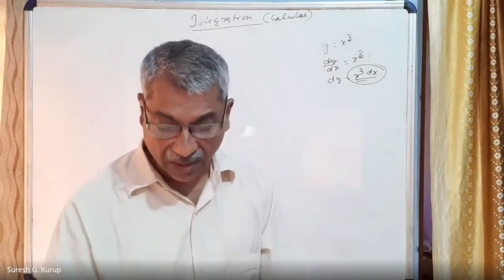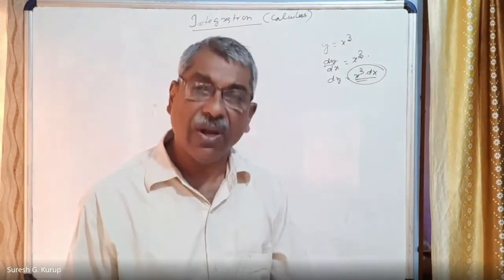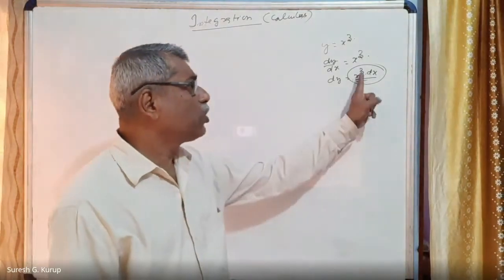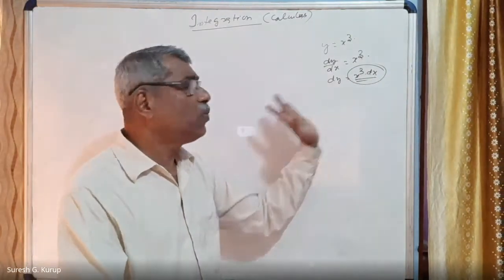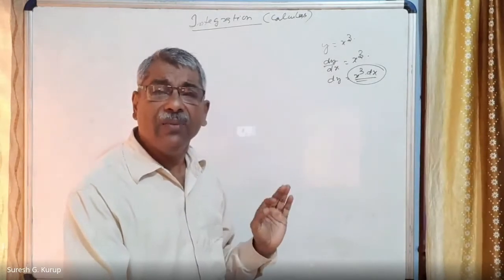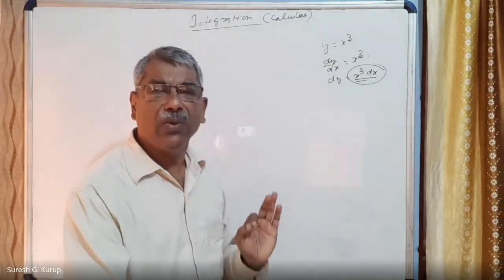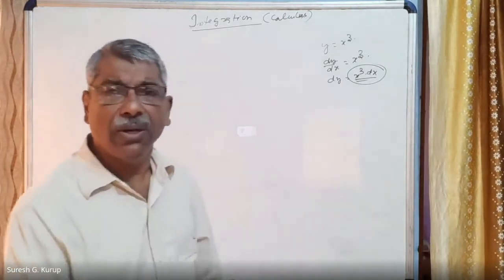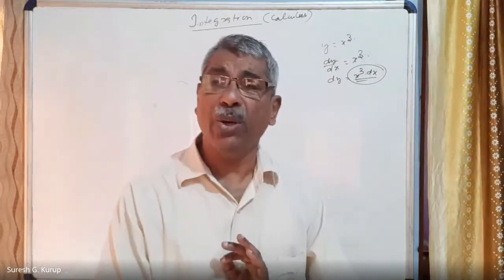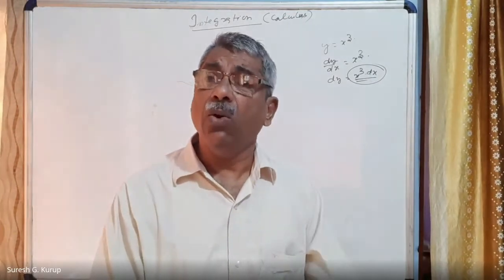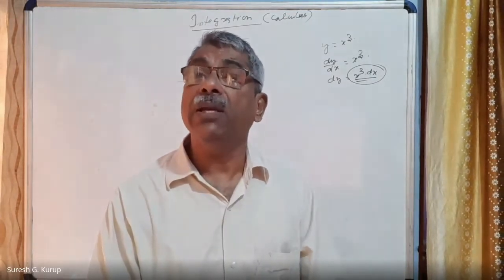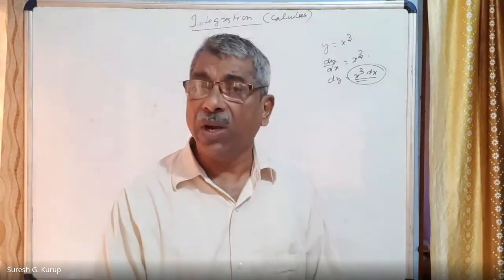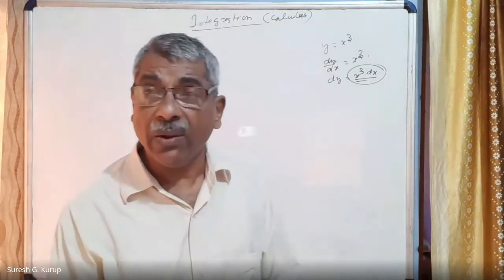If the very small value of a function is known, the whole value can be obtained by integrating that. dy when integrated, we will get y. What is y? Y is the whole value of the function.